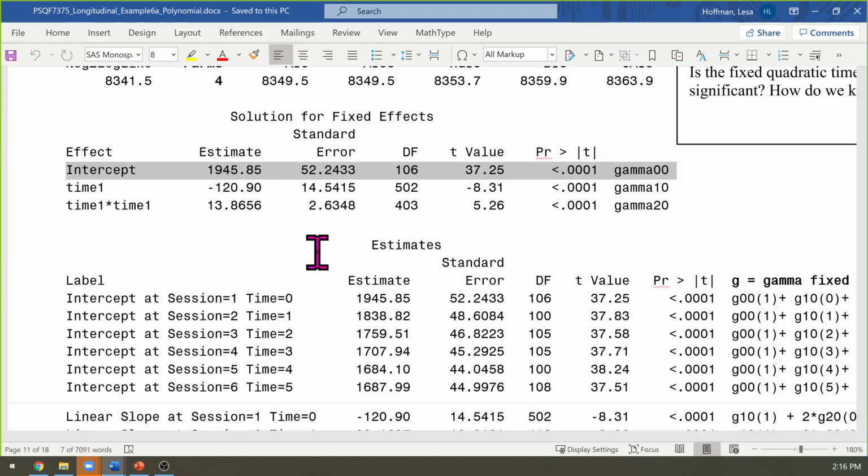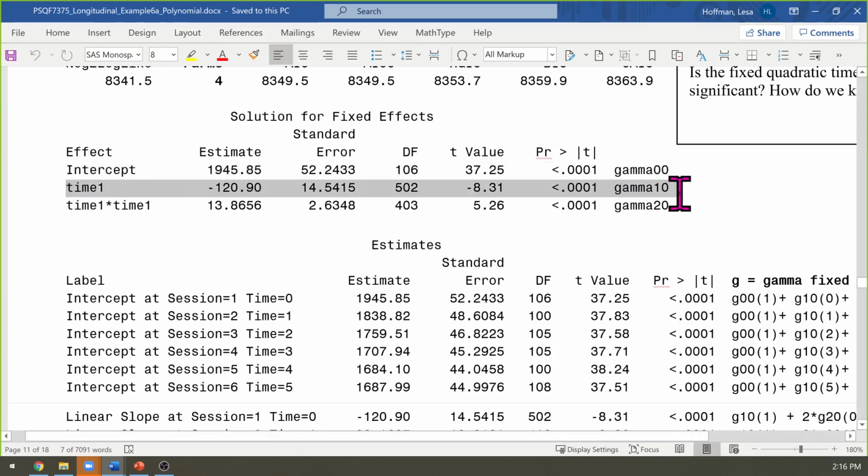It's not the actual time 0 mean. It's what's predicted by the curve. So it's going to be off a little bit. According to the curve that is predicted by this quadratic model, at time 0, which is session 1, people are predicted to spend 1945 milliseconds on this task. That's my initial starting point.